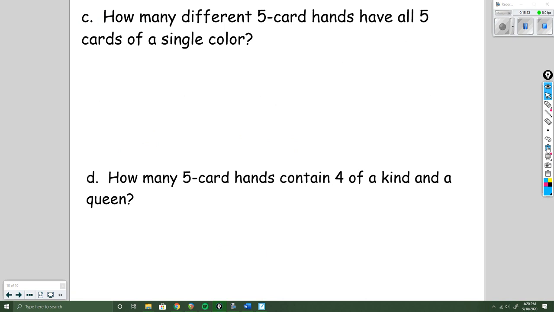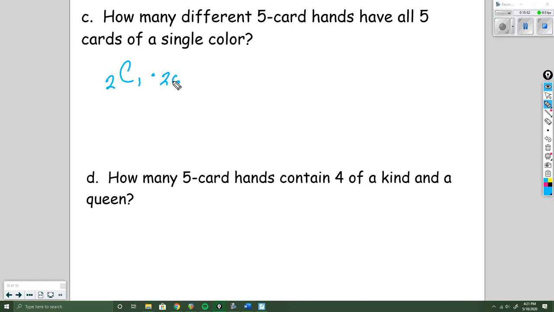All right, next in part C, it says how many different 5-card hands have all 5 cards of a single color. All right, so now we're choosing a color. Okay, so there's 2 colors to choose from. We're choosing one, and then once we choose that color, there's 26 remaining cards. Half of the deck is black, half the deck is red.